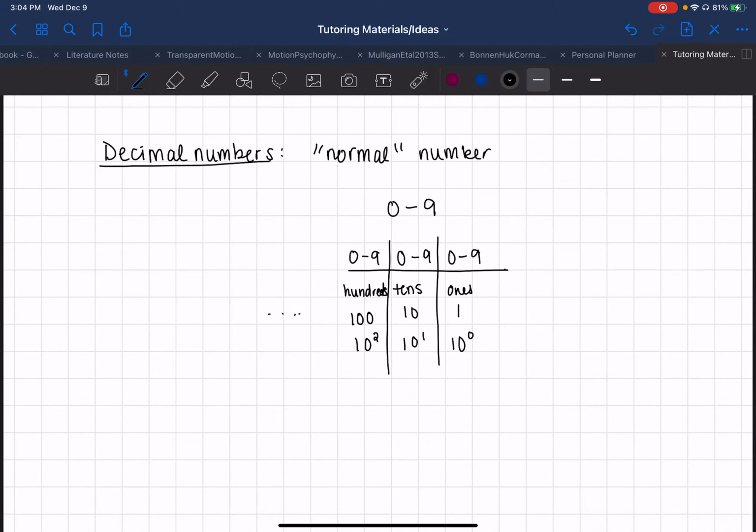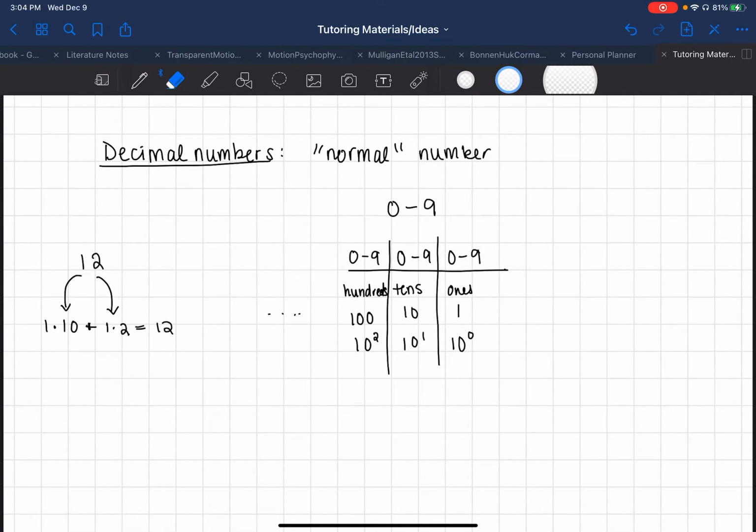And if we had a number like 12, we know that this means that we have 1 ten, and this guy means that we have 2 ones, and that's what gives us our 12.